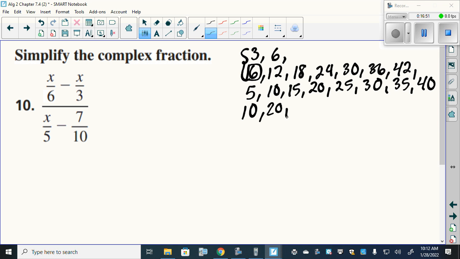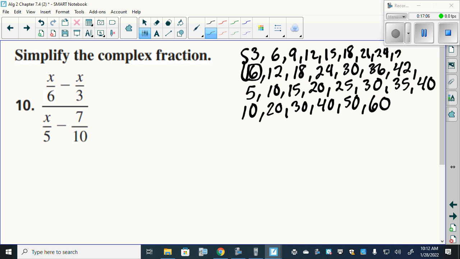Here, 10, 20, 30, 40, 50, 60, 6, 9, 12, 15, 18, 21, 24, 27. Well, 30 is the first number that does work.